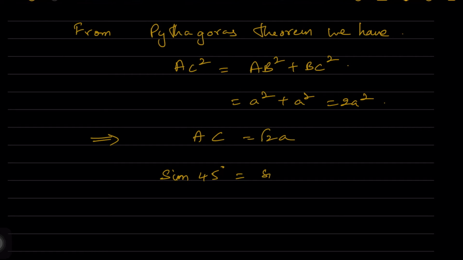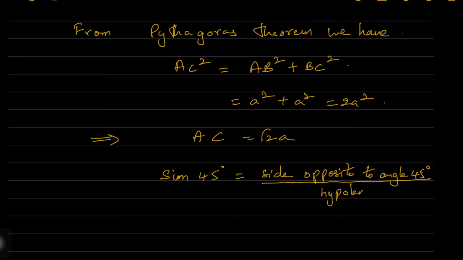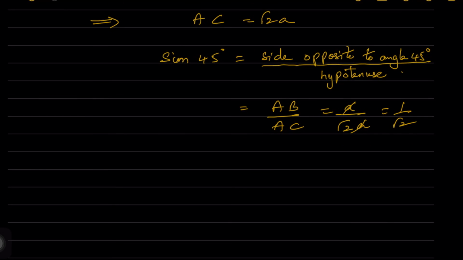Therefore, sine 45 is equal to side opposite to angle 45 by hypotenuse, which is equal to AB by AC, which is A by root 2A.